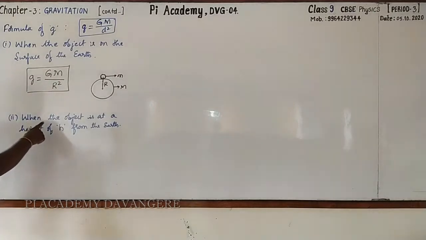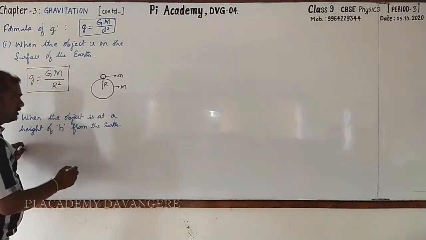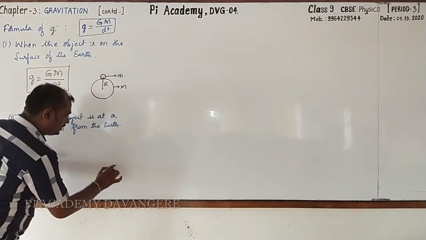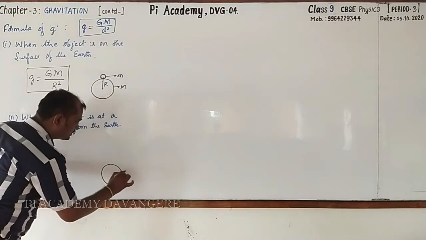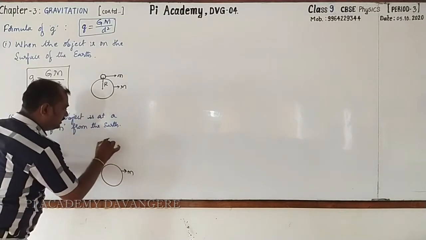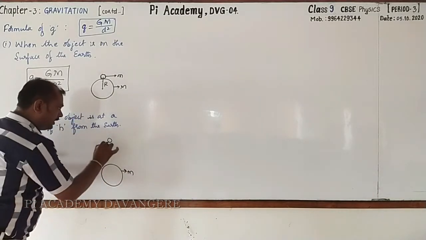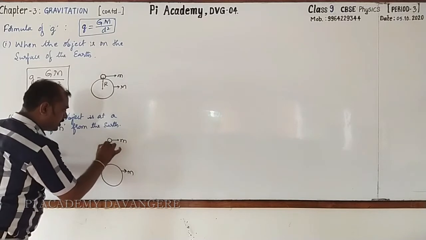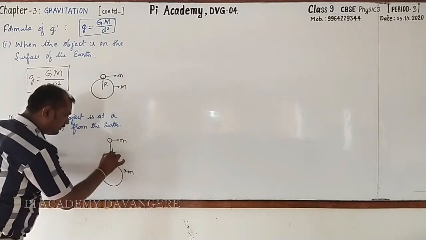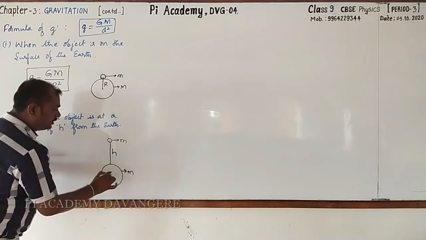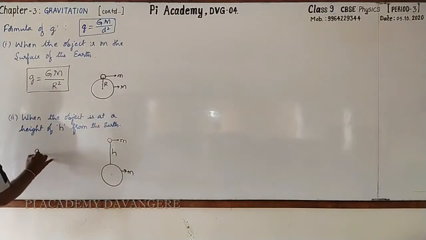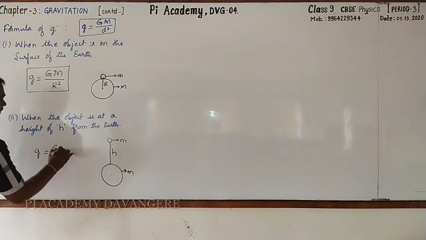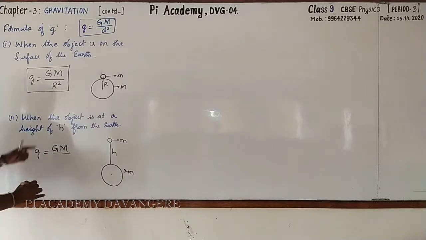And the second case, where the object is h meter away from the surface of the earth. Here is the earth, its mass is capital M. And here is the object, whose mass is small m, and it is at a height of h meter. Then acceleration due to gravity G is equal to Gm by d square.